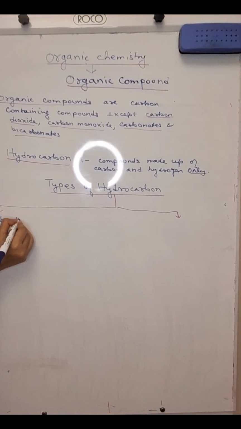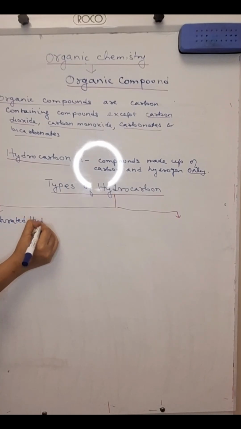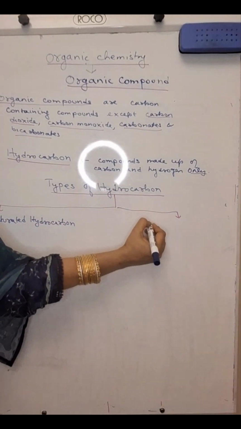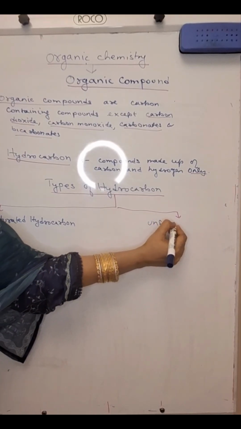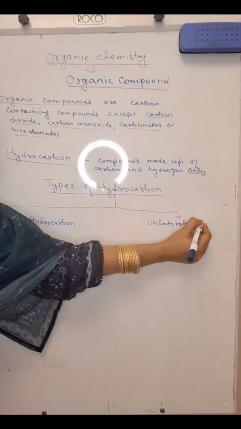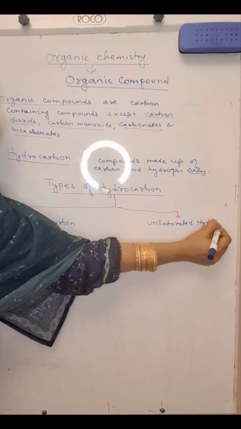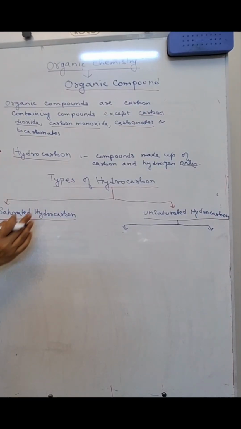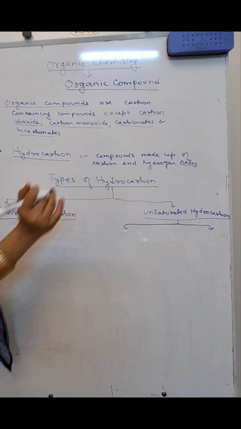Saturated hydrocarbon and another is unsaturated hydrocarbon. So there are two types of hydrocarbon, saturated hydrocarbon and unsaturated hydrocarbon.